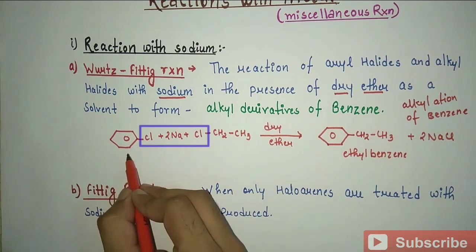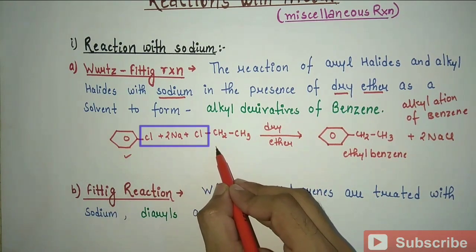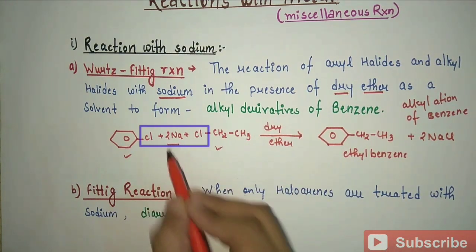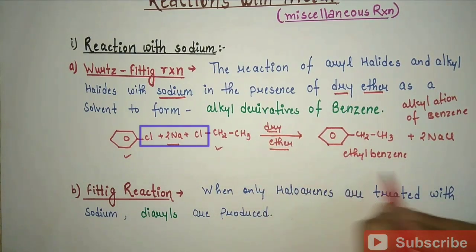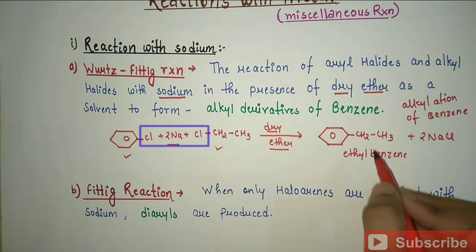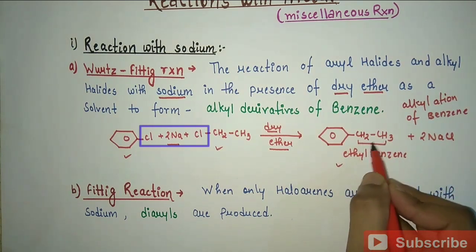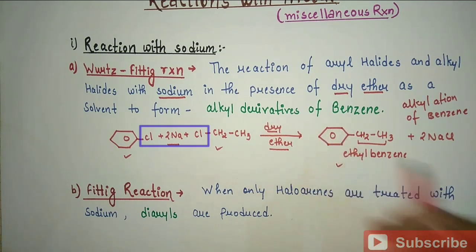This is our aryl halide and this is our alkyl halide. When it reacts with sodium metal in the presence of dry ether, it forms ethylbenzene. This is alkylation: the alkyl group is going to attach over the benzene ring. So this is the alkylation of benzene, and it is known as the Wurtz-Fittig reaction.